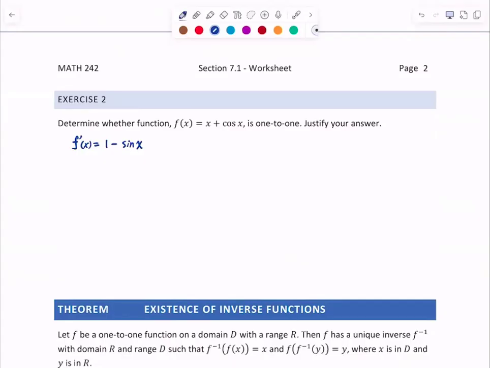Sine function, what's the range for the sine function? The smallest value is -1, the highest value is 1. So it's between -1 and 1. So what can you think about this? Positive value, negative value, or what?